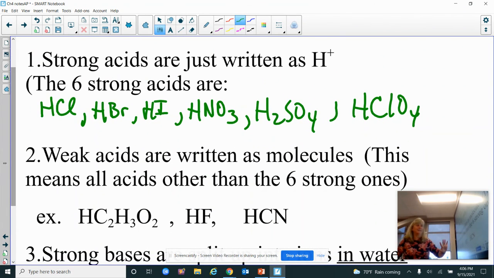Every other acid is a weak acid, and those do not split apart in ionic equations. So if it's acetic acid or hydrofluoric acid, any of those other acids, if it's H with something else and it's a weak acid, you have to leave it together as a molecule in the equations.